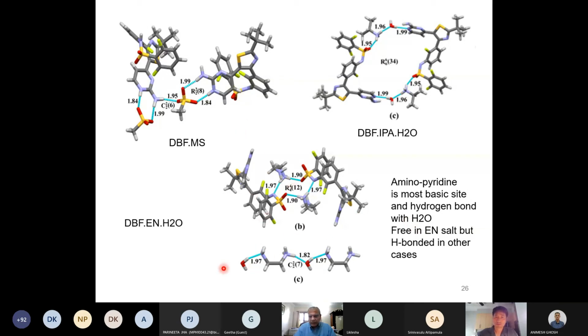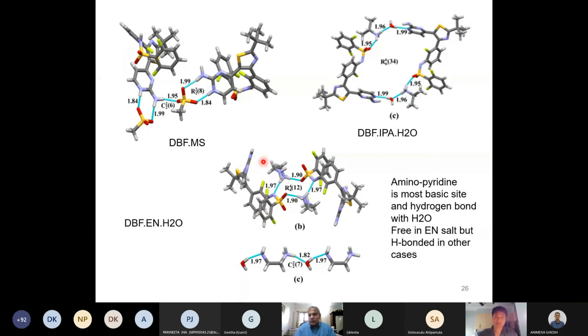One is that the hydrogen bond chain, which includes the water molecule, essentially will drag more water molecules into hydrogen bonding with the ethylene diamine because of the electronegative NH2 groups present. The second is the aminopyridine group, which was hydrogen bonded for the mesylate salt, is now relatively free. It is not hydrogen bonded in the ethylene diamine salt. So this NH2 and pyridine groups of the API can very nicely and strongly hydrogen bond with water molecules.